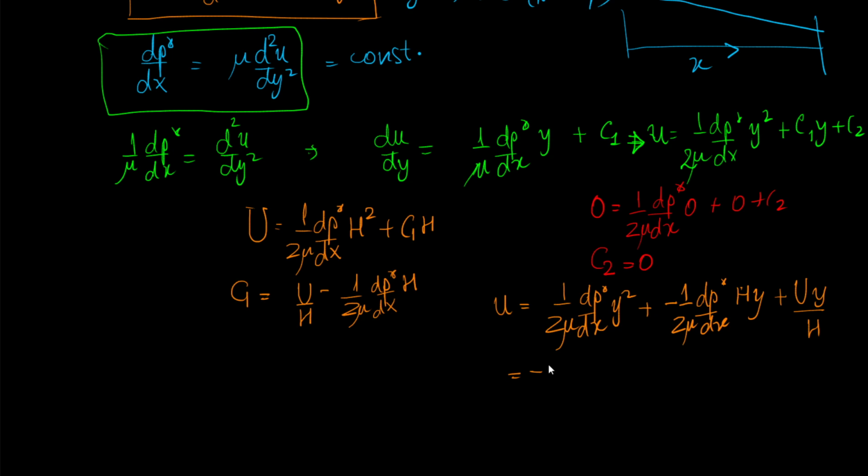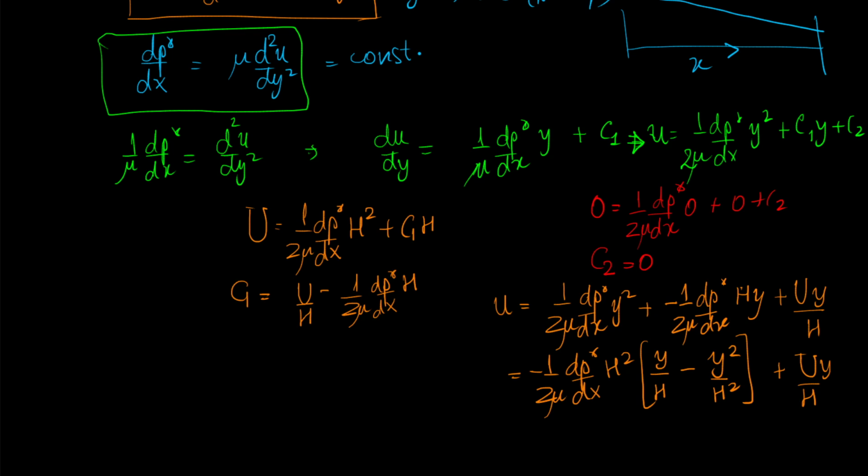So we can simplify this as minus 1 upon 2 mu dp star dx h square. So this will become y upon h, and this will become minus y square upon h square, and this will become plus U y upon h.